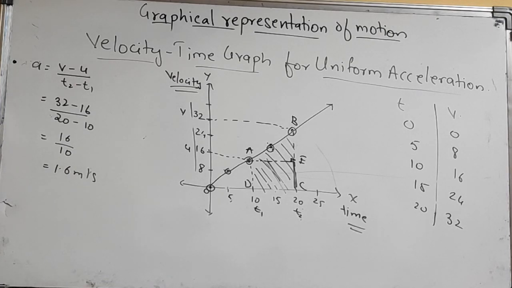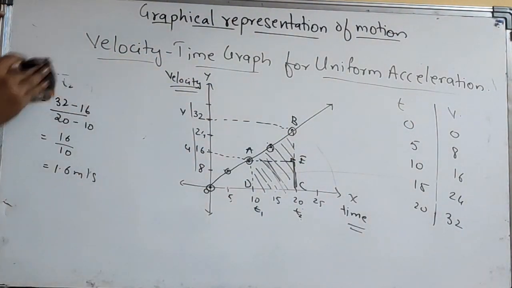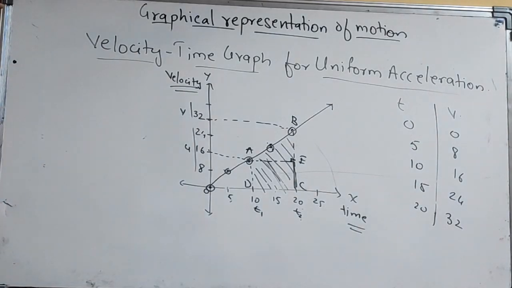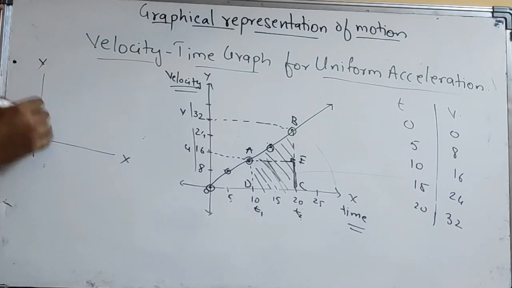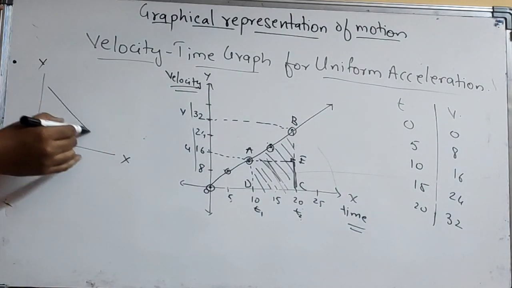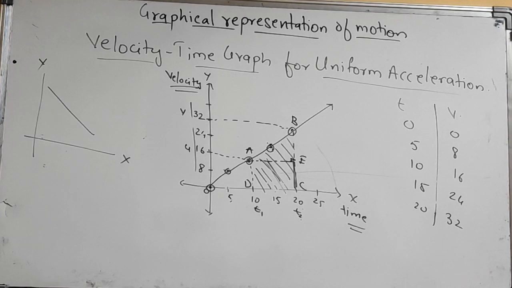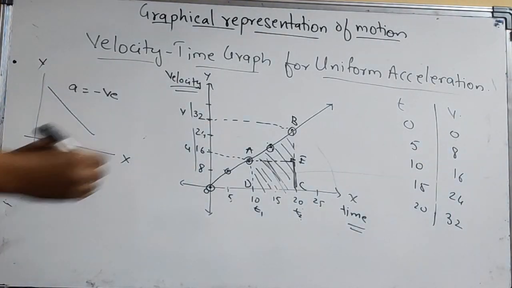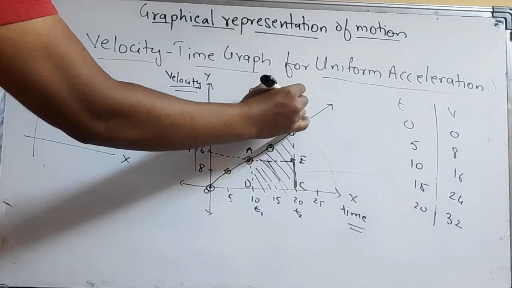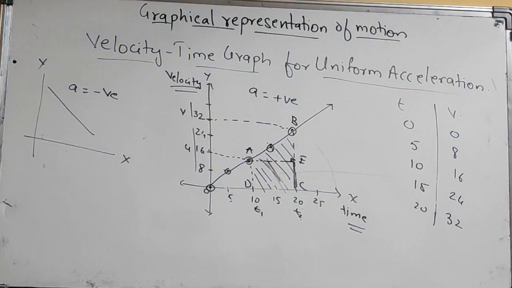What will happen when you apply brakes? The velocity will decrease. I'm just erasing this part, and this is y and this is x. The graph will be like this, where acceleration is negative, and here acceleration is positive. Got it?